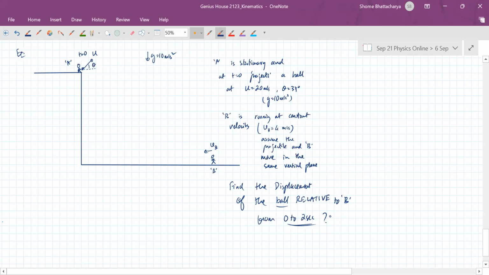In this time interval of 0 to 2 seconds, what does the displacement of the ball look like to B, not to A, but to B? You can use the standard XY axis like we take for projectile motion. So you can take the horizontal axis as your X axis and the vertical axis as your Y axis, so that your u vector and g vector are lying in that XY plane. In this case, the velocity of B will also lie in the same XY plane because the motions are coplanar. They're happening in the same plane.